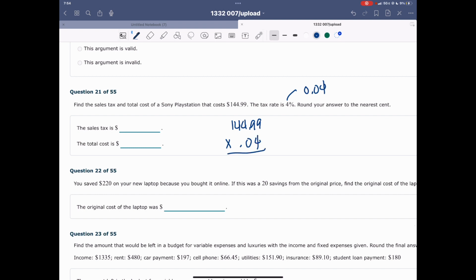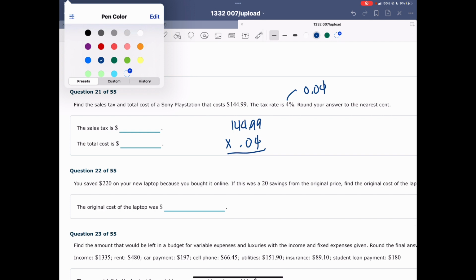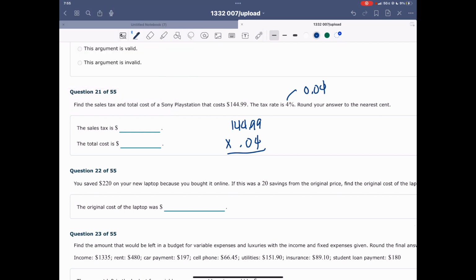So when you multiply that, you get approximately 5.80, right? So that's going to be the sales tax, 5.80, because you're rounding. And then the total cost, 144.99 plus 5.80 is going to be 150.79. So that's the total cost.